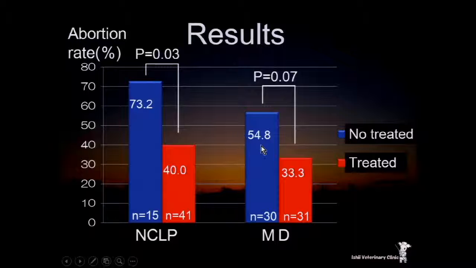In case of MD, 54.8% had become 33.3%. But there was no statistical difference between them, only a slight tendency. All cows that did not abort delivered normal birth after completing the gestation period.